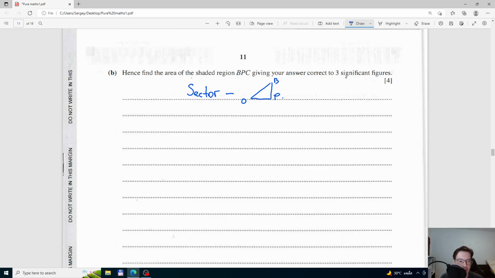Okay, now let's start with the triangle first, and I'm going to recreate this picture. Here's my right angle triangle, and the hypotenuse is 10. We've got an angle theta.